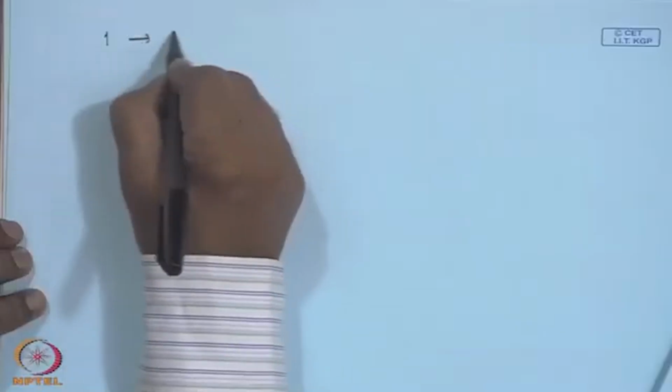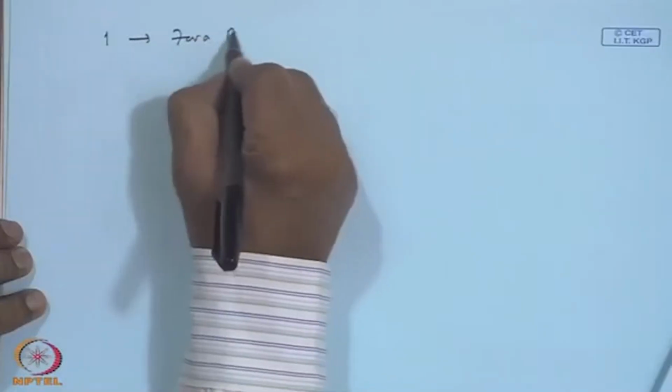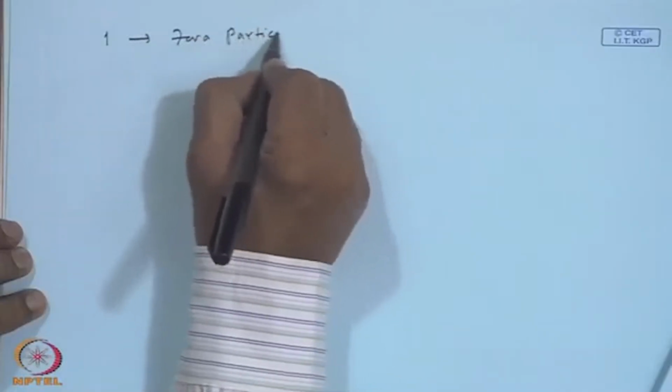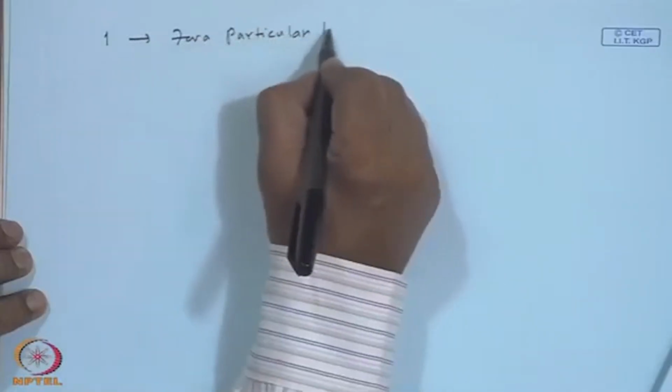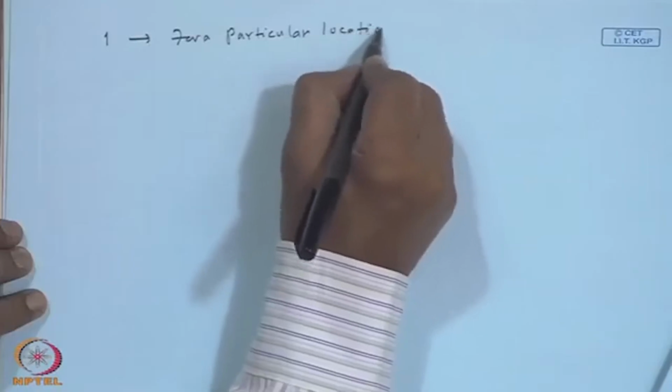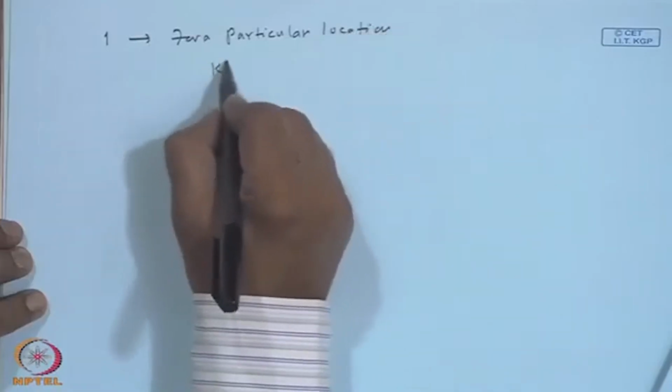So, curve 1 can be for a particular location, let us say Kharagpur. Okay.